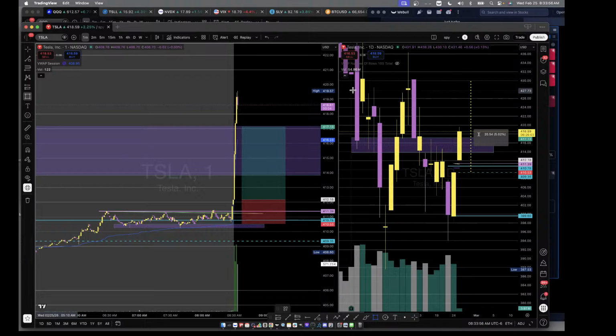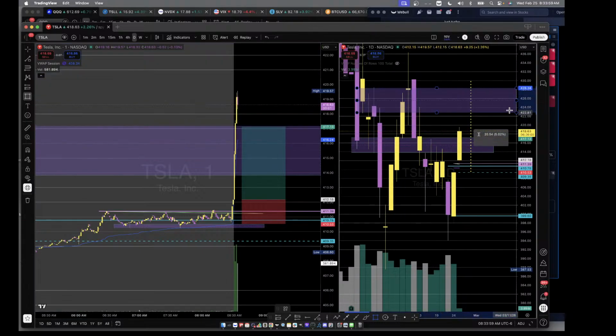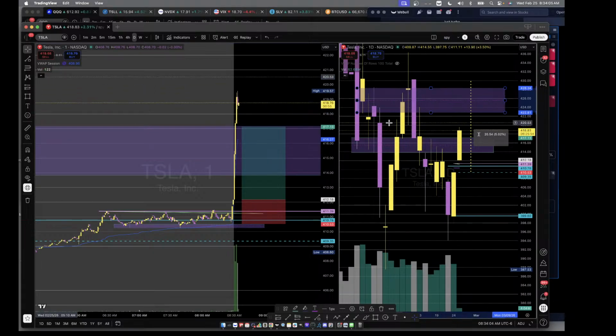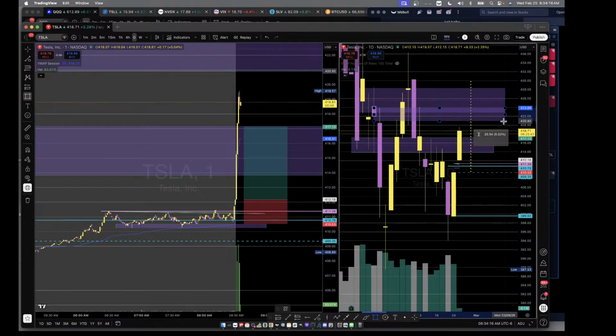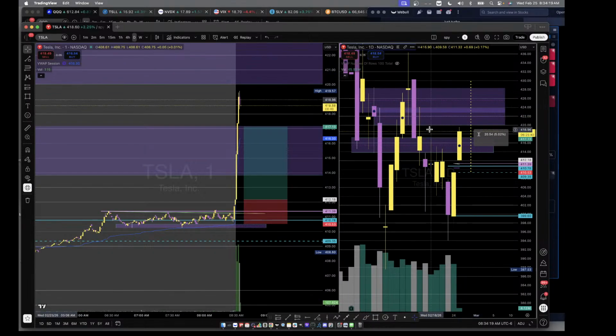Is there some liquidity up here? Kind of. Looks like a bunch of choppiness in this area. Because it's a bunch of noise, honestly. It shot up big time.